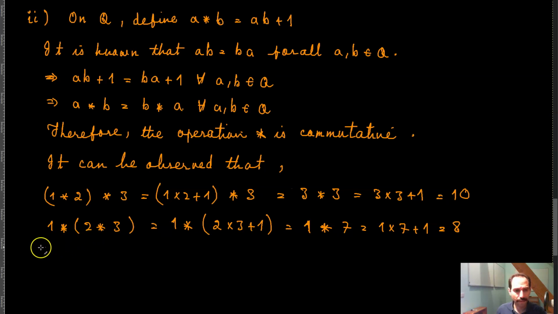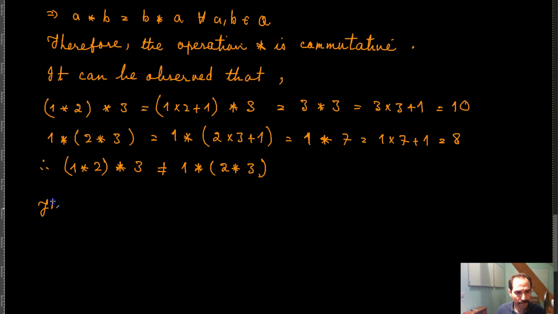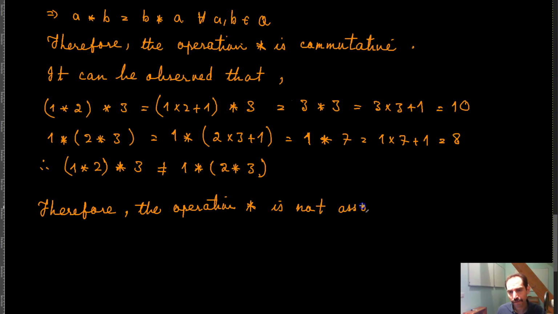And therefore you can say that 1 star 2 star 3 is not equal to 1 star 2 star 3, and therefore the operation star is not associative.